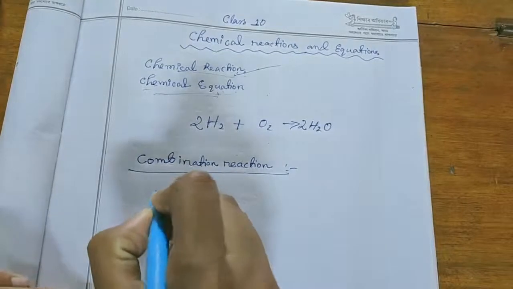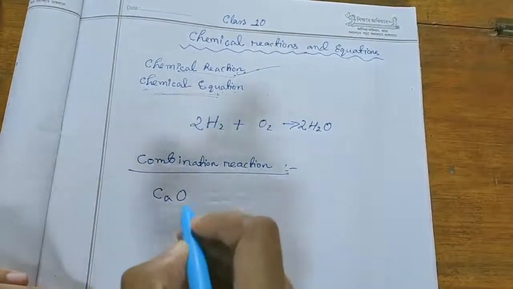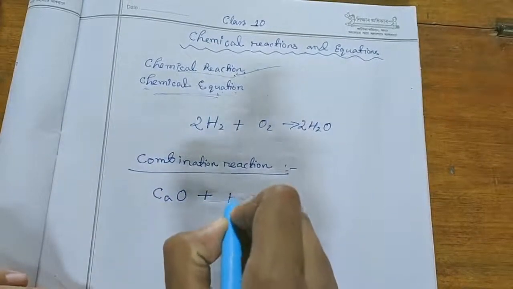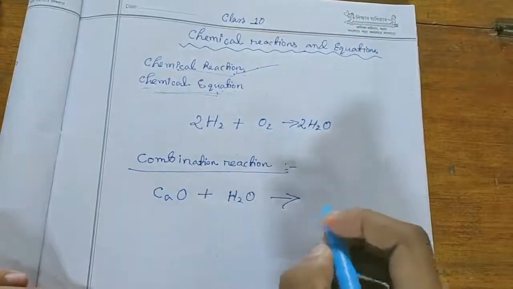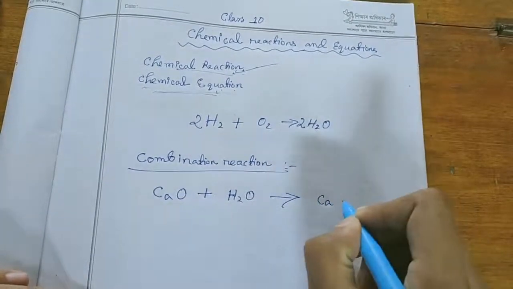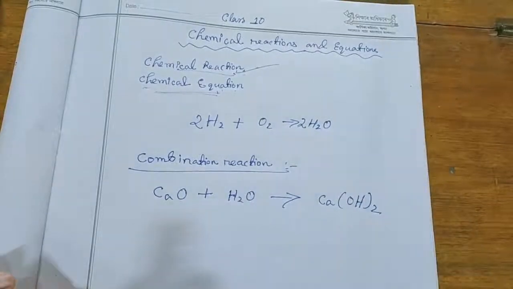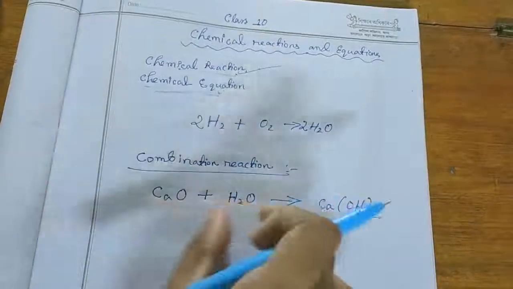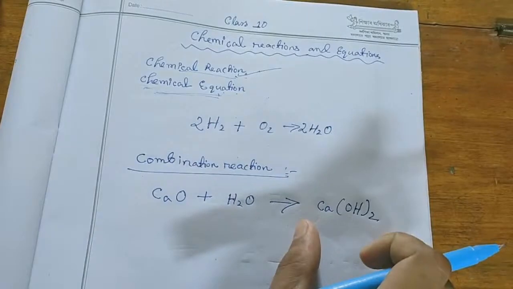For example, CaO, which is calcium oxide, when it combines with water, H2O, it becomes calcium hydroxide. This is a combination reaction because these two combining together make calcium hydroxide.